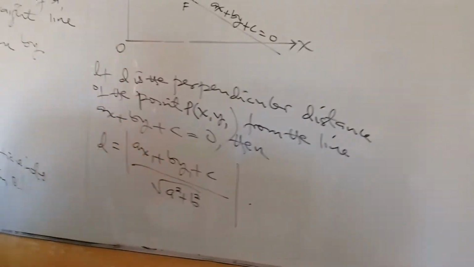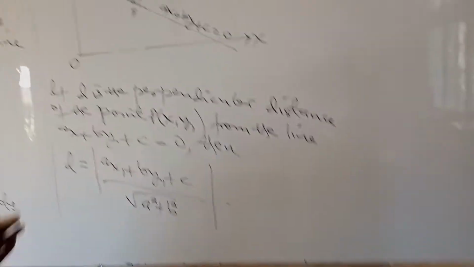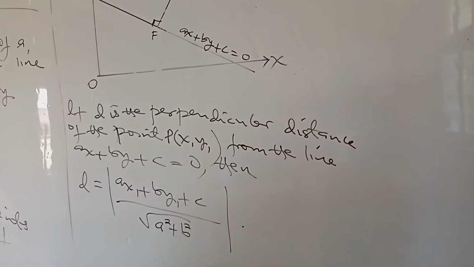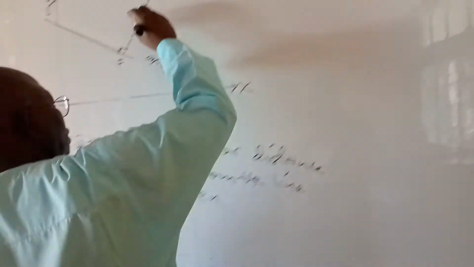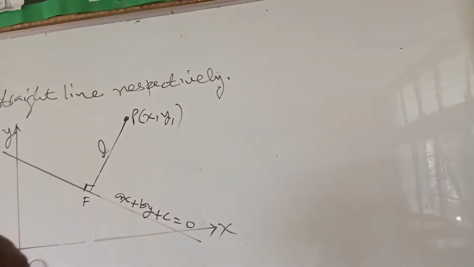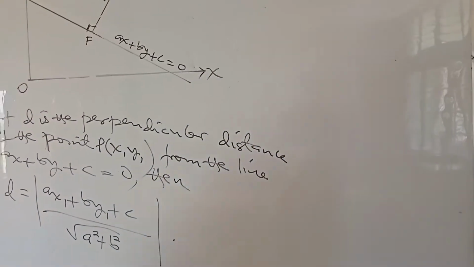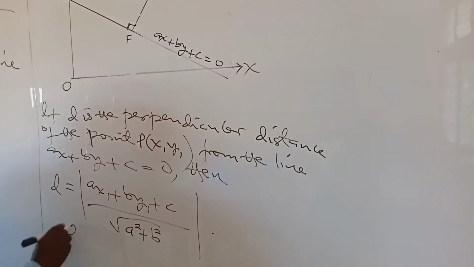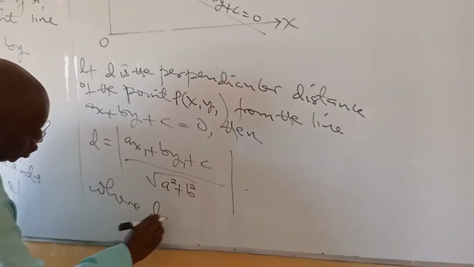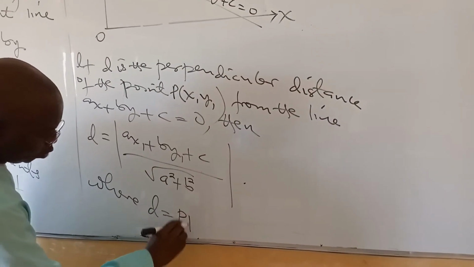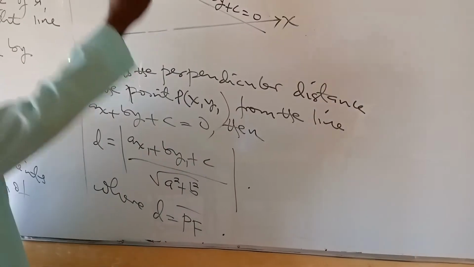This is what I'm saying. This is D here. The distance between P and F, where this D here is equals to line segment PF from the diagram.